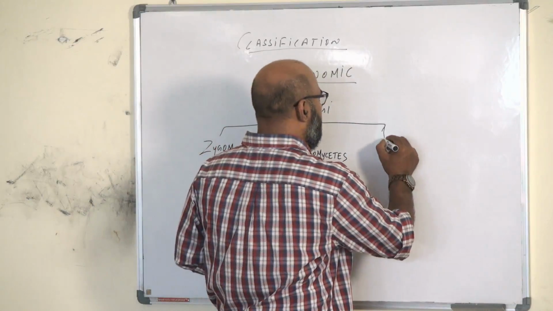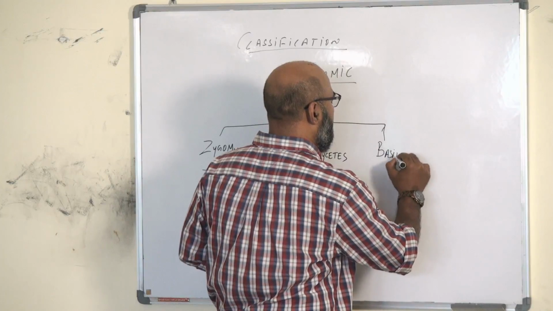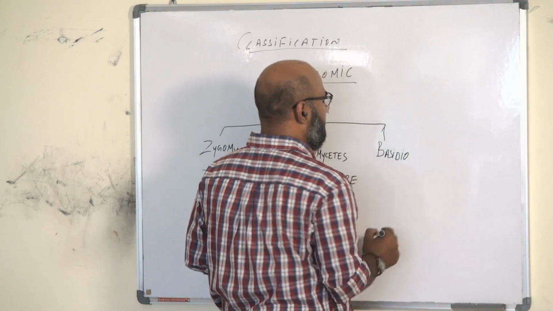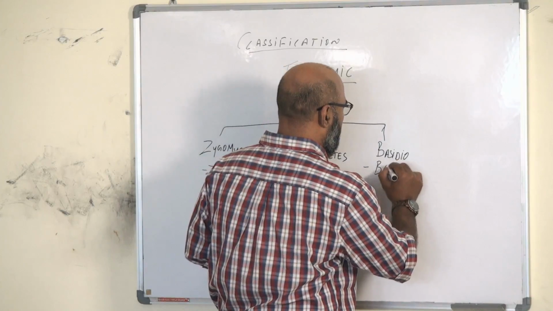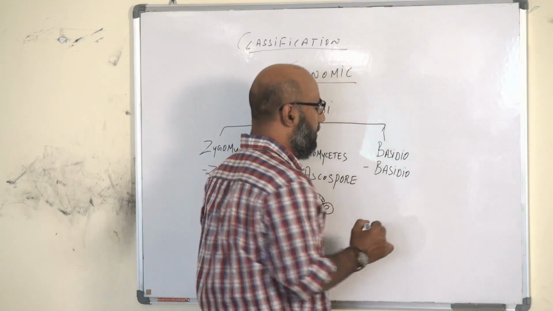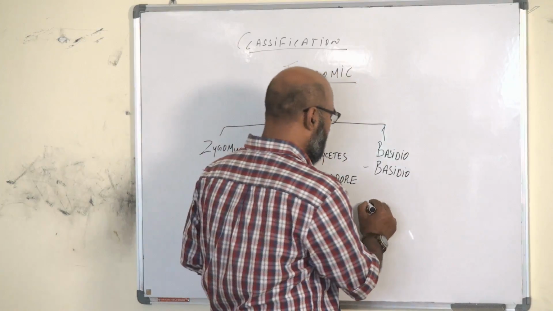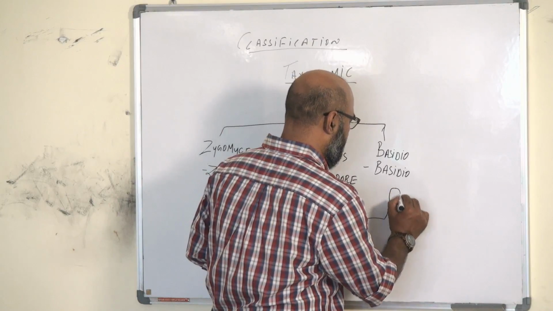The third one is the basidiomycetes, and the spore is the basidiospore. And here the spore is actually contained on a basidium.